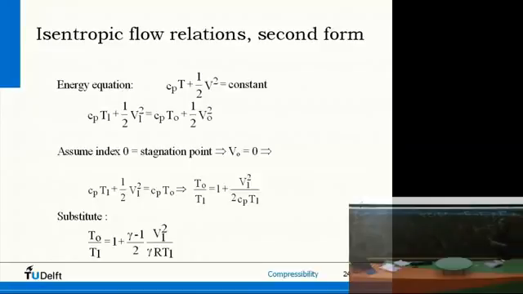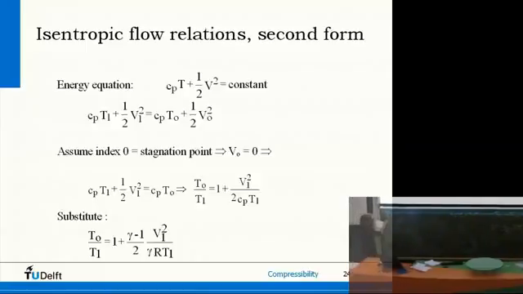Step 1. We need to work our way to CP. What we'll do now is divide by CP. R divided by CP is equal to 1 minus CV over CP. Is equal to 1 minus 1 over gamma, actually. CP divided by CV.